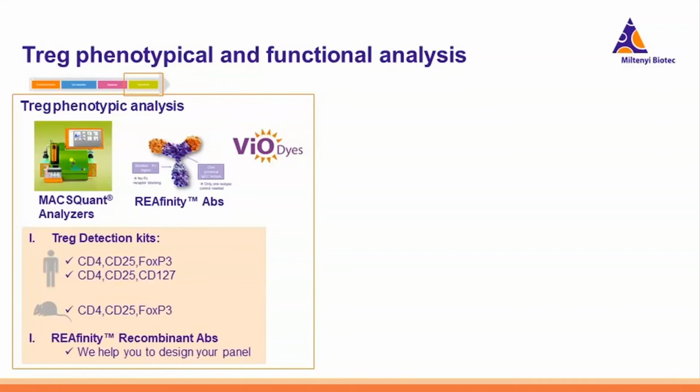So I would like to suggest two solutions: either using the ready to use Treg detection kits, which are optimized antibody kits with pre-titrated antibodies developed as a single reagent solution available for human and mice, or if you need to analyze your cells broadly with several markers, I would like to suggest you to either visit our flow cytometry application page because we support you with different panels of antibodies and protocols, or contact us directly.